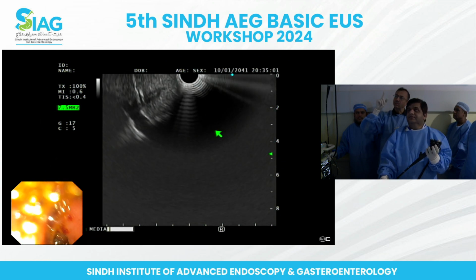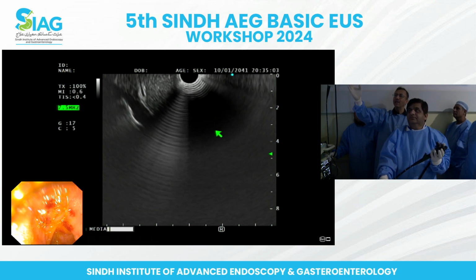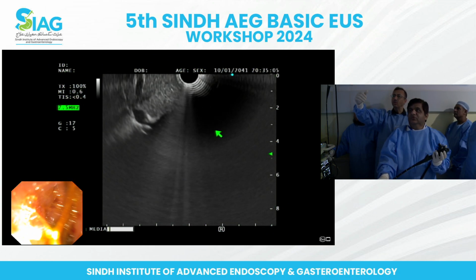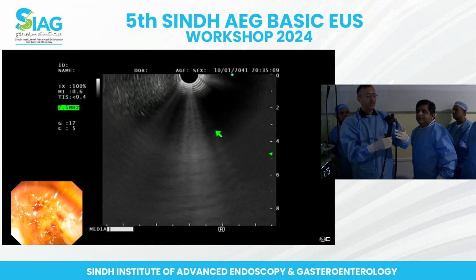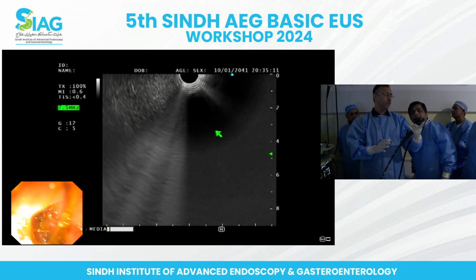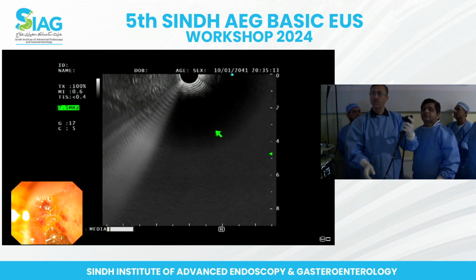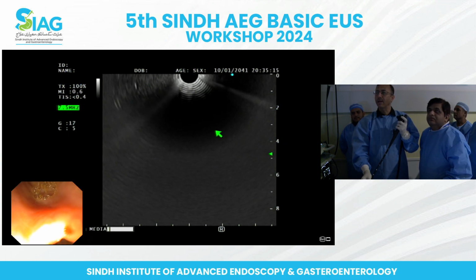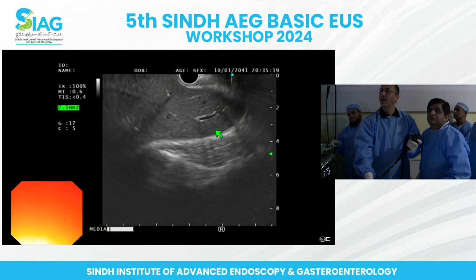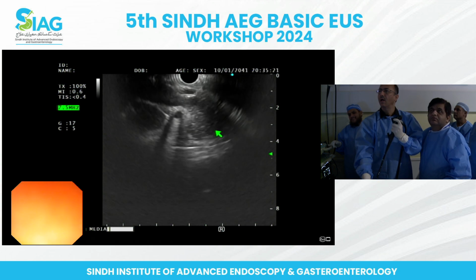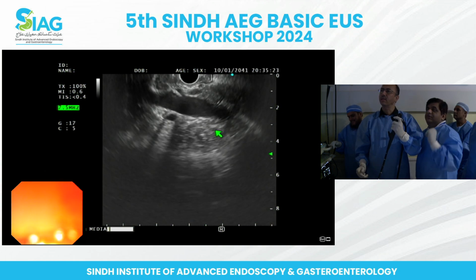No, that is the liver parenchyma. So you need to be a little proximal. Let me show you the maneuver. Once again, I'm not using my other fingers, just these two fingers. So pull back. There you go. Okay, this is the portal vein.